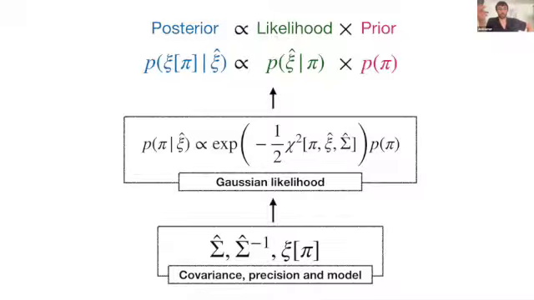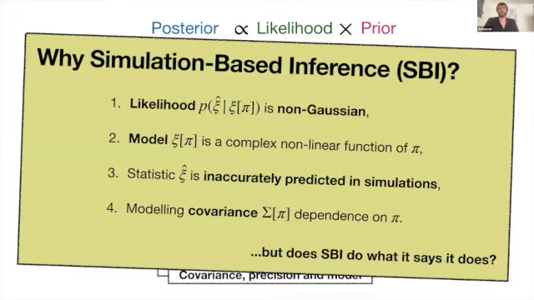This also depends on a precision matrix, and I'm formally making a difference between those two objects here. And of course, this model, psi, is a function of the parameters we're trying to constrain from our data, pi here.